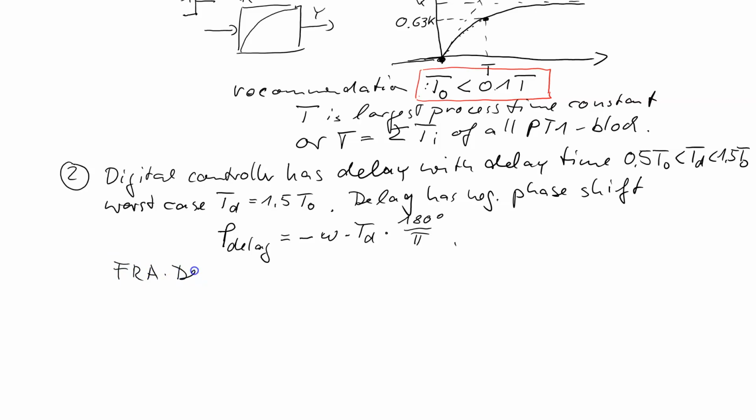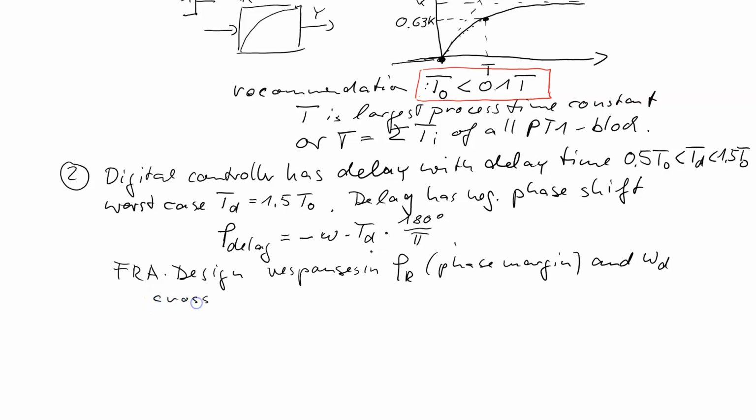If you have done this, you know the response. You know the phase margin value. Phase margin is a kind of damping indicator, and the crossover frequency. Yeah, look back in Control System 1. These both values are known if you have made an FRA design.